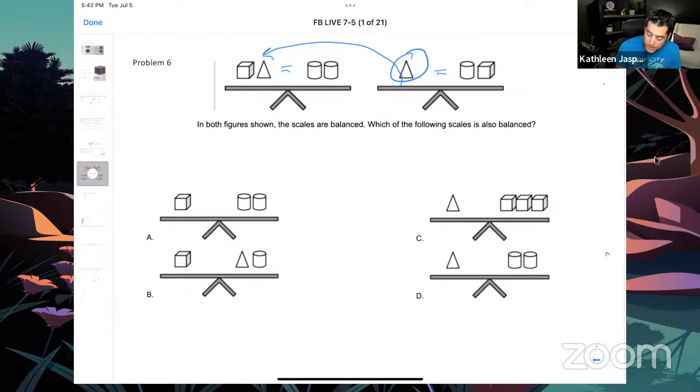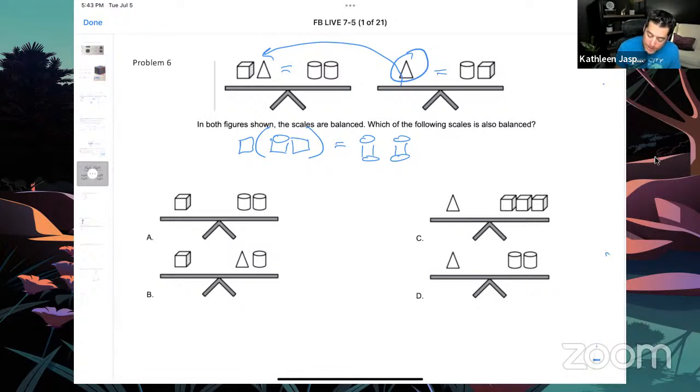When I do this, I'm going to substitute this in. I now have a cube like that. I'm not going to put triangle, I'm just going to do cylinder. I'll put it in parentheses. Cylinder and another cube like that is equal to 2 cylinders.